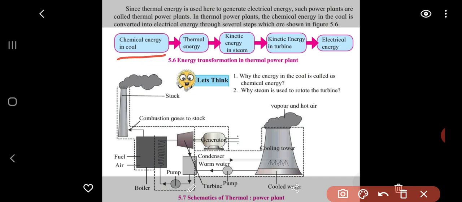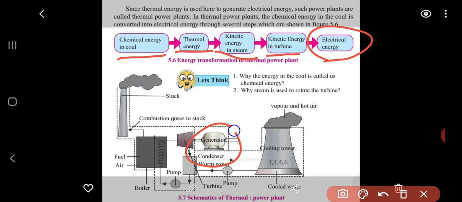The chemical energy in coal is converted to thermal energy. That thermal energy is converted into steam, which has kinetic energy, and that steam rotates the turbine. So the turbine gets kinetic energy, and that turbine is connected to a generator which produces electrical energy. And for this power plant as well, you can see here the schematic representation.